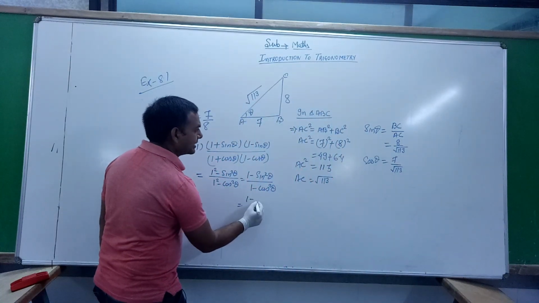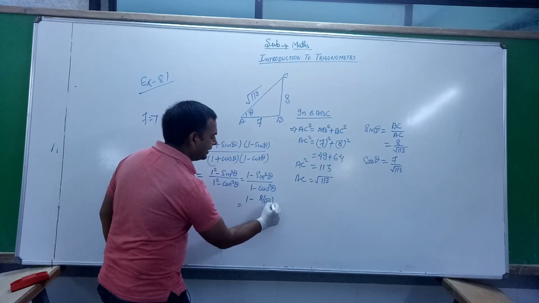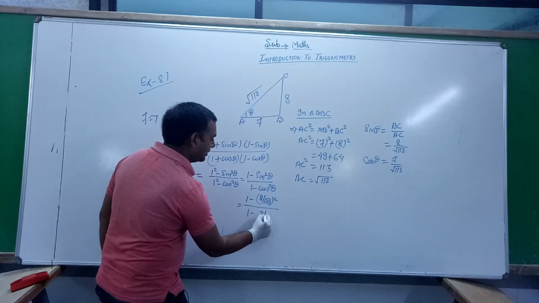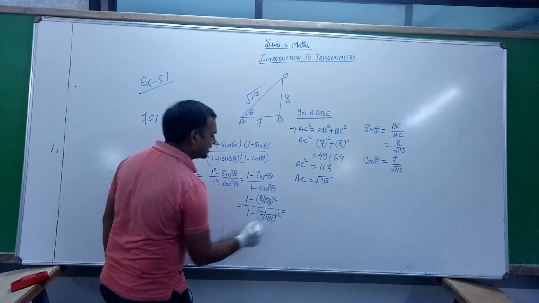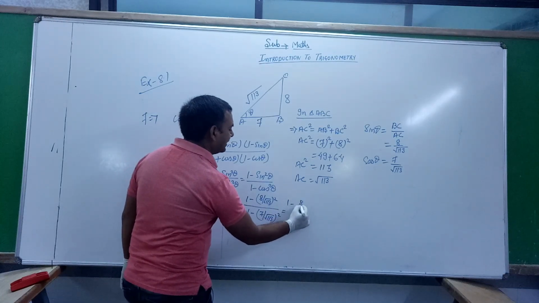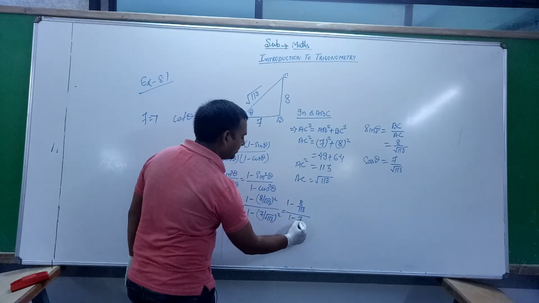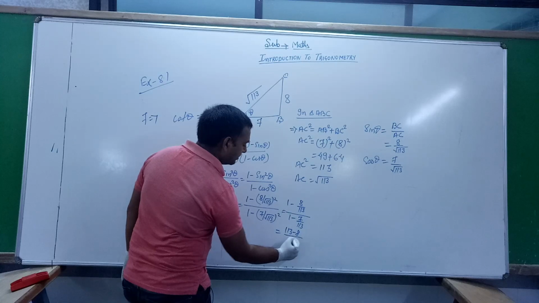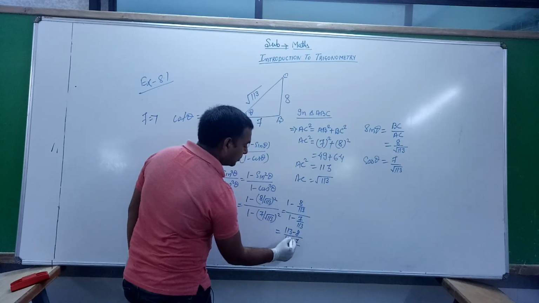So 1 minus (8 upon under root 113) whole square, divided by 1 minus (7 upon root 113) whole square, that is equal to 1 minus 8 upon 113 divided by 1 minus 7 upon 113. You take the LCM, so (113 minus 8) divided by 113 over (113 minus 7) divided by 113.